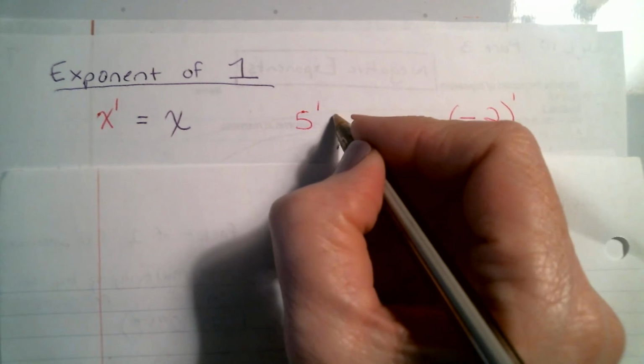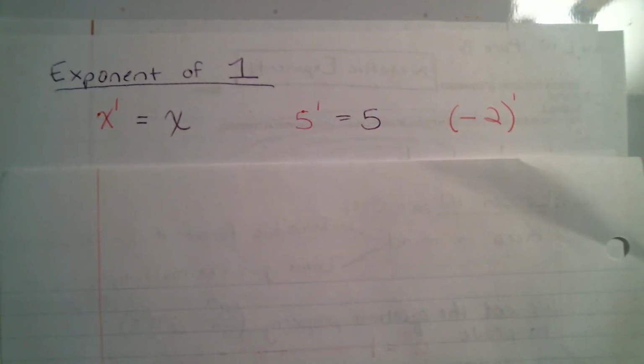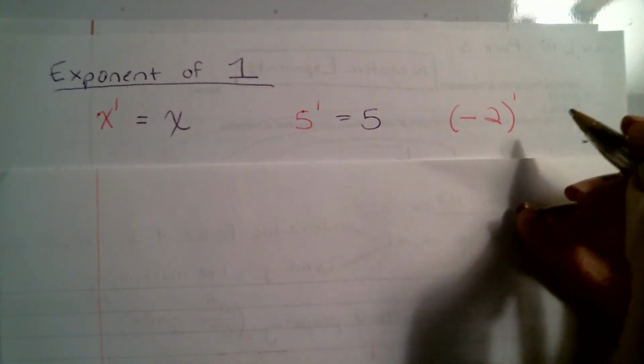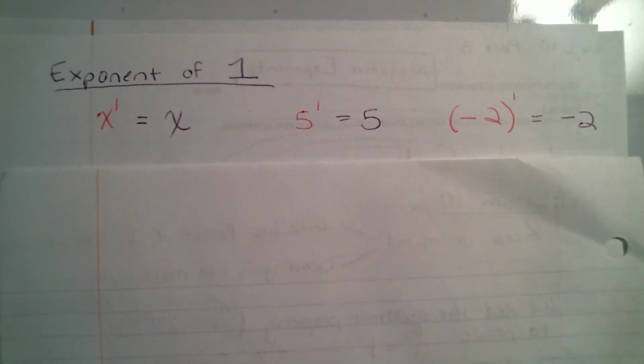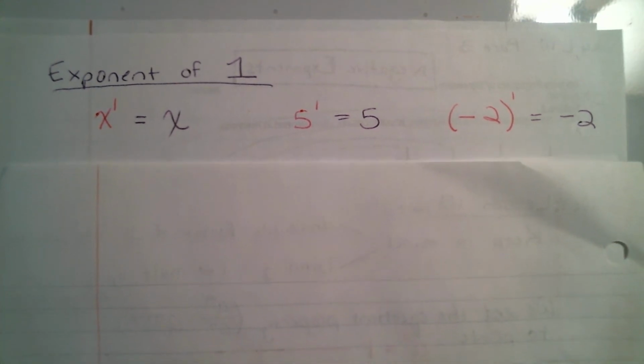X to the first power, 1 factor of x, x. 5 to the first power, 1 factor of 5, 5. And negative 2 to the first power, it's just negative 2. Anything to the first power is itself. And if you want to write that down in words, if that's helpful to you, do that. Anything to the first power is just itself.